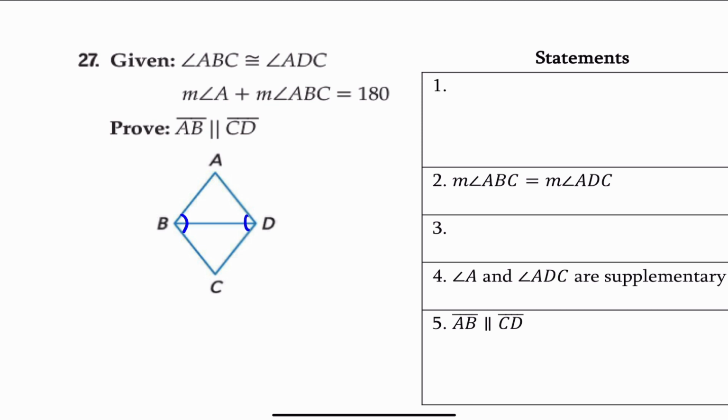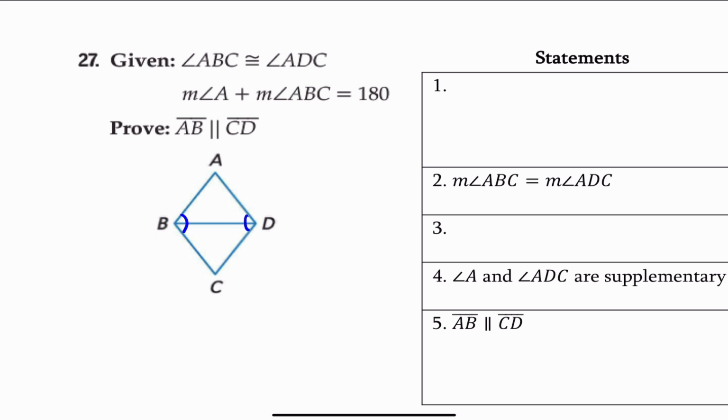Okay? And let's read this. It says measure angle A plus the measure angle ABC is equal to 180. So that means that this angle here and this angle here equals 180. And the reason being, we don't know why, but it's given.